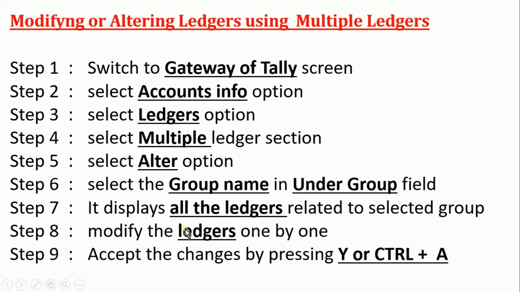Then step 7, it displays all the ledgers related to the selected group. Then we can modify any ledger names, or you can cancel any ledgers. Step 9, accept the changes by pressing Y or Ctrl plus E. Now we will see a demo on all these concepts: creating, displaying and modifying ledgers.